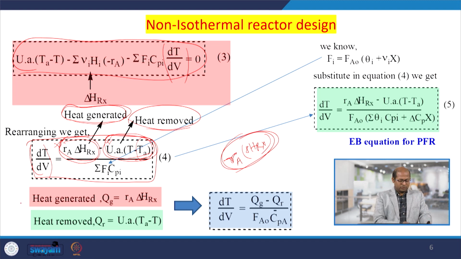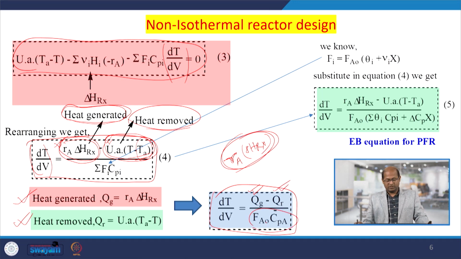Okay. So, this is called the heat generated term, this is the heat removal term, or equation 4 we can write this way also: dT by dV equals heat generation minus heat removal terms, divided by F_A0 times C_pA. So, if you know the molar feed rate of the component for the reaction, the heat capacity of component A, and the amount of heat generated and removed from the system, by putting this we can find the temperature profile along the volume of the reactor.